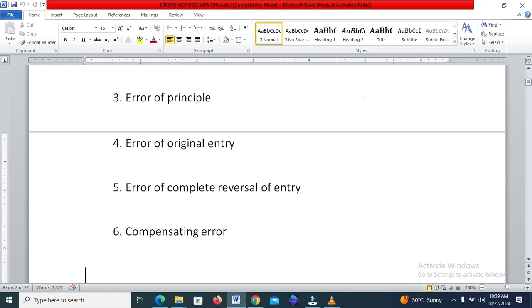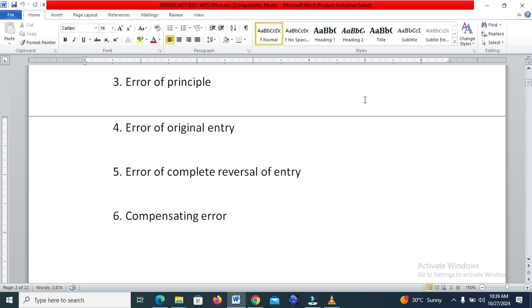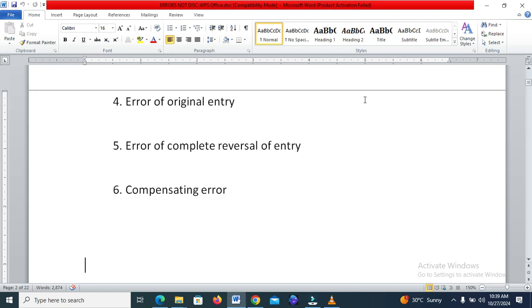I've given you examples of each of these errors and how they can be corrected. And I told you also in the last class that it is the journal proper that is used to correct errors.